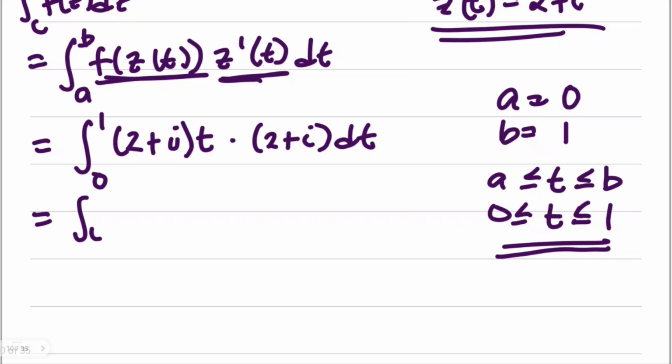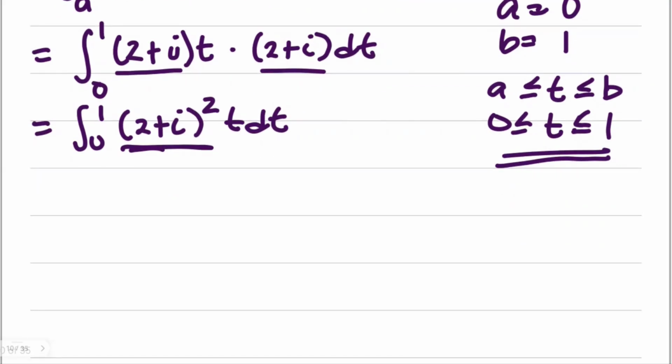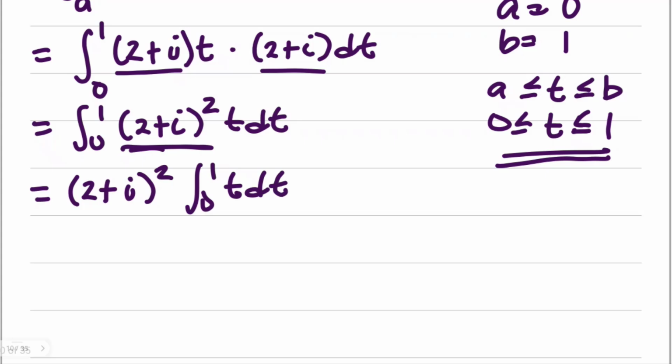We actually have from 0 to 1, 2 plus i squared times t dt. Since this doesn't have any t, we can treat that as a constant, moving that outside. You have from 0 to 1 of t dt only.